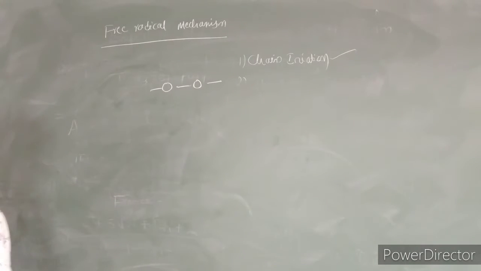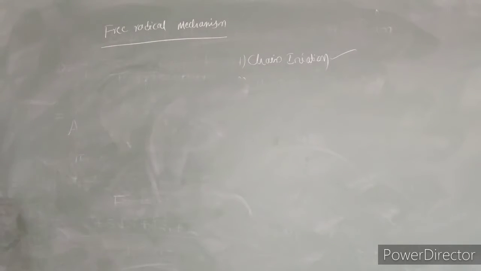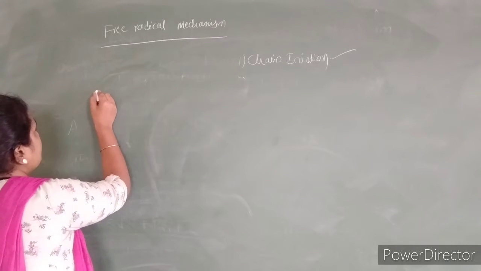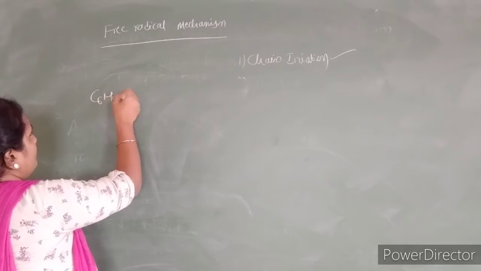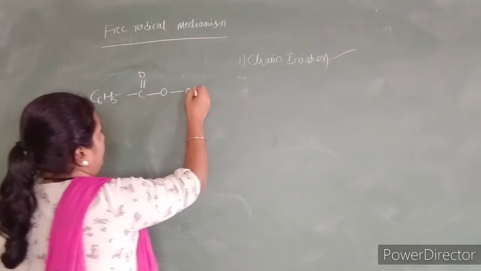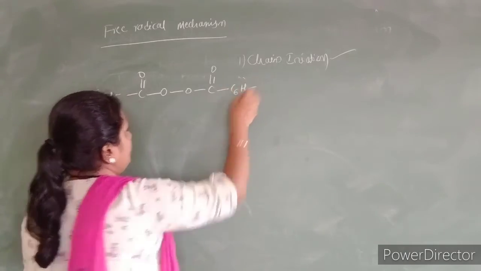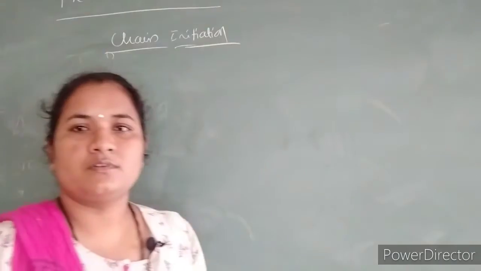So first, if we are using benzoyl peroxide as a catalyst here, I already said it must contain an O-O linkage. So this is the benzoyl peroxide.